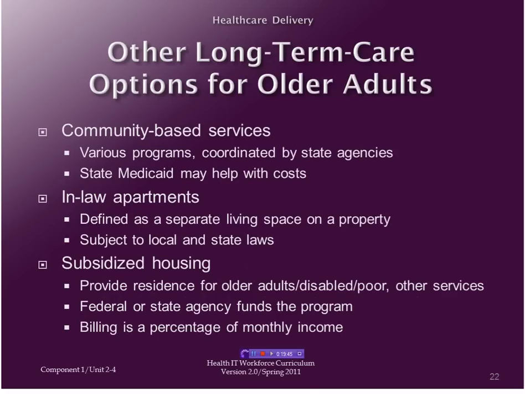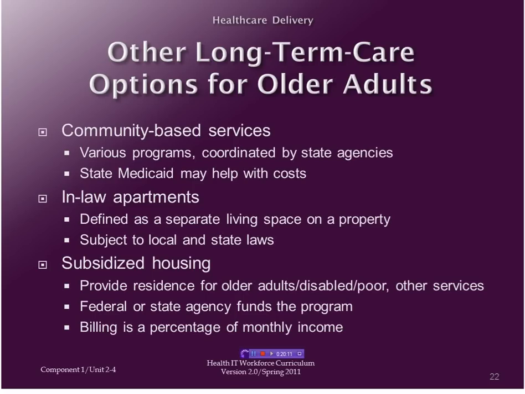And then we have some other long-term care options, but those would be any community-based services, Meals on Wheels, senior centers that do things. There are in-law apartments, which are separate living spaces on someone's property. So your parents could live in their own place, but basically they've got you to check on them all the time.